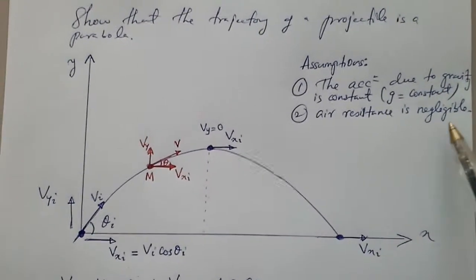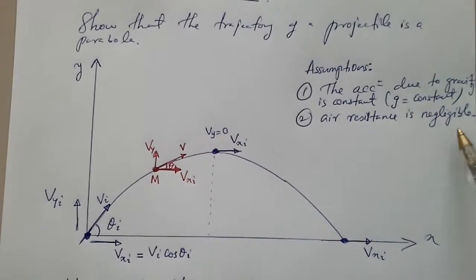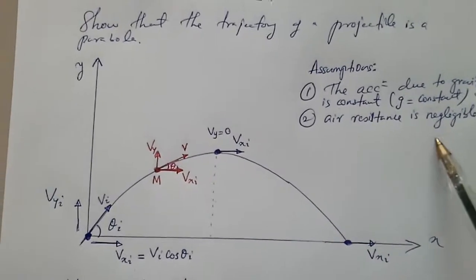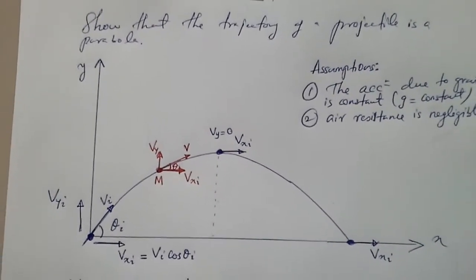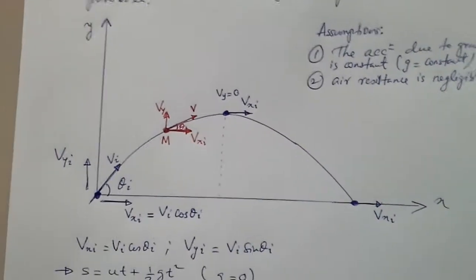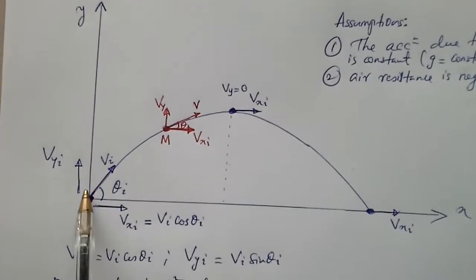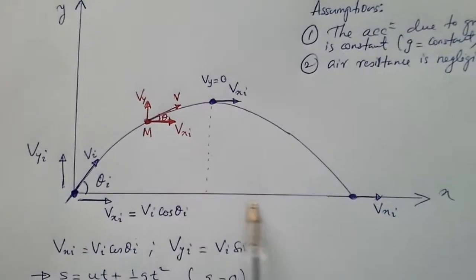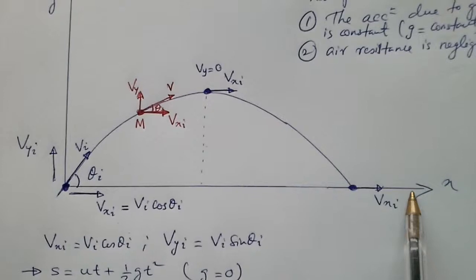So we assume there is no air resistance, and by assuming that, we are going to check what the trajectory of this projectile is. Okay, so this is our vertical axis, the y-axis, and here is our horizontal axis.